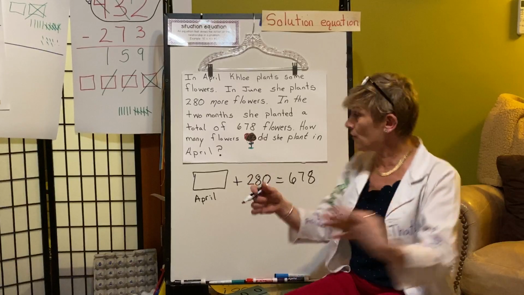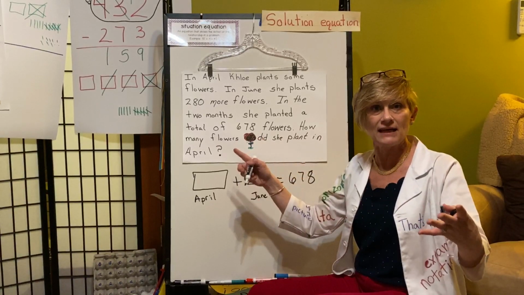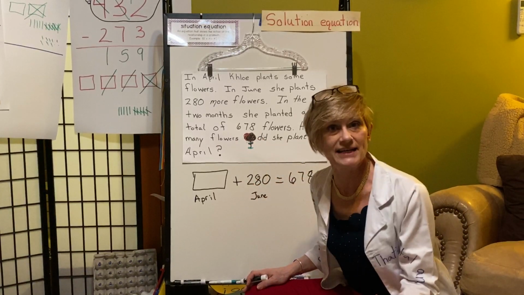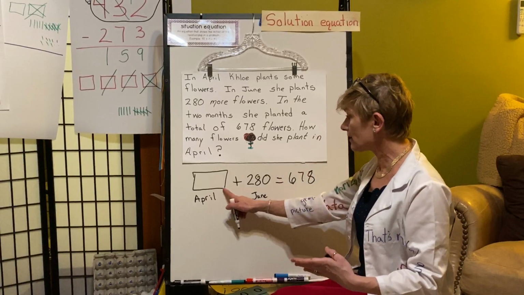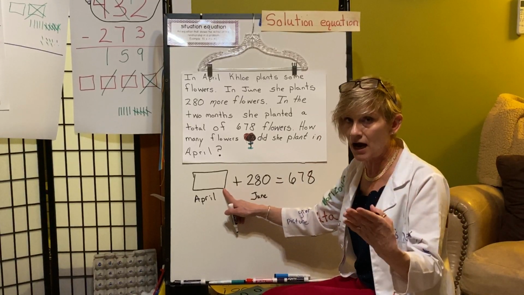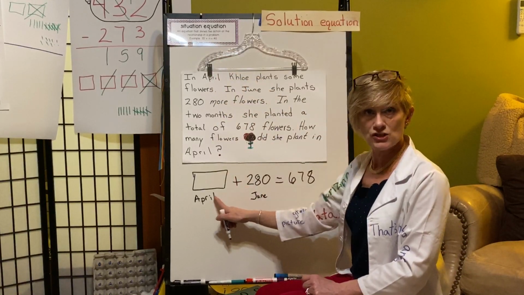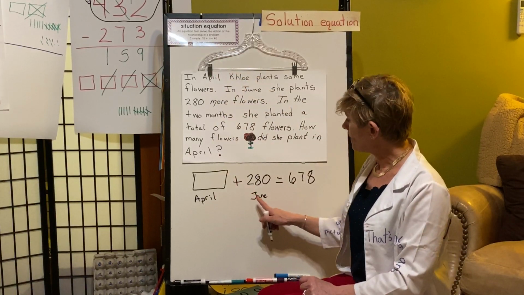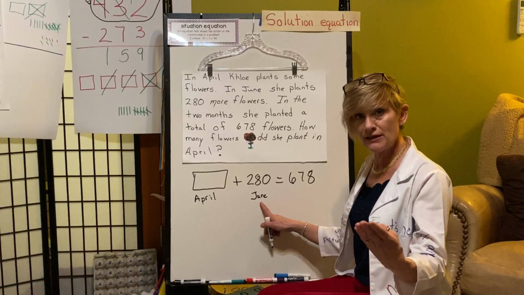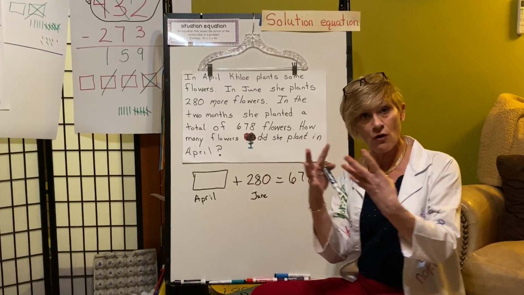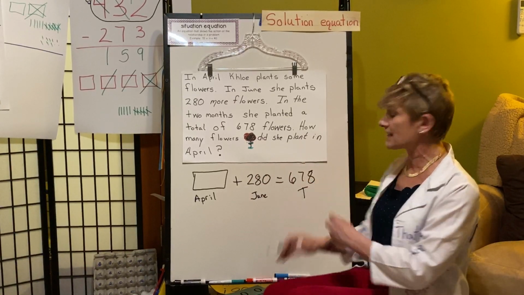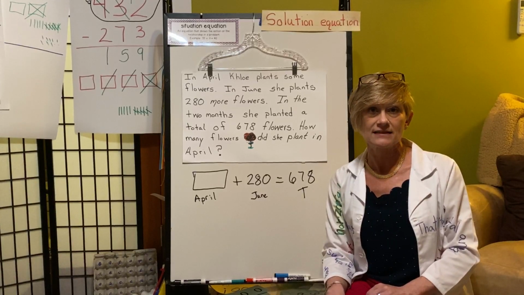So we know the total. It says she planted that many. You are right, if you're saying we're looking for an add-in, we are. This is the situation equation. She planted some in April, then 280 in June, and when she looks at her total is 678.